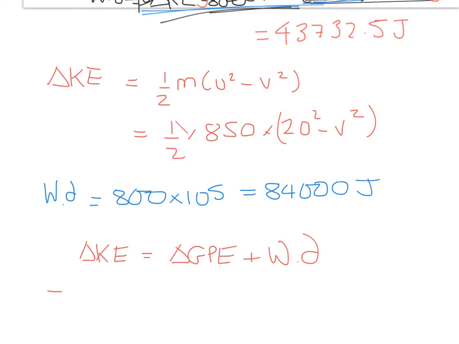And that means that if we multiply some of the numbers in the kinetic energy expression, we end up with this number here. And we know we've already calculated these other values earlier.